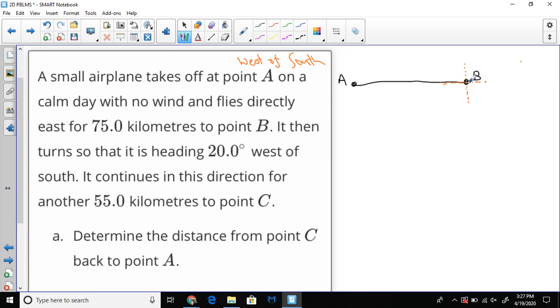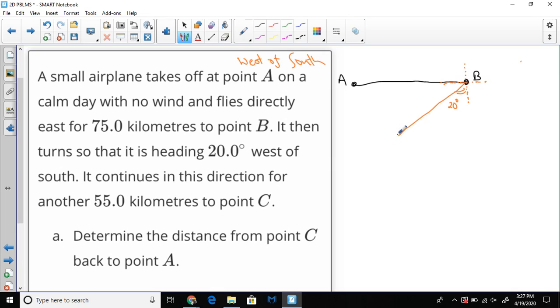Well, where is south? South is this way. And then which way is west? If I go straight, it's going to be in this direction. So this chunk here is 20 degrees west of south.